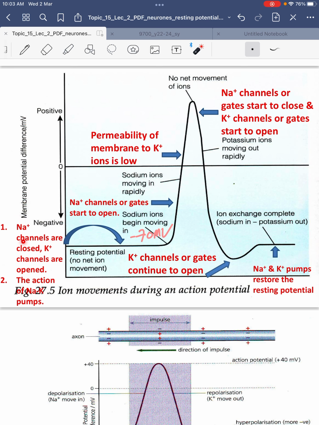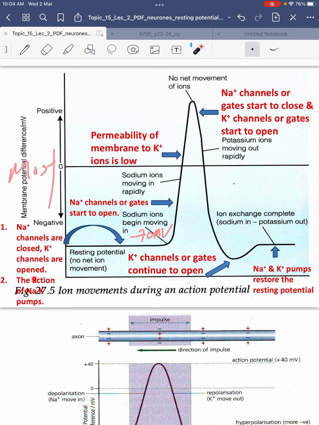The sodium channels are closed, potassium channels are open. Bear in mind, not all sodium channels are completely closed, and not all potassium channels are completely open. We say most, just for simplicity. Generally, sodium channels are closed, potassium channels are open.